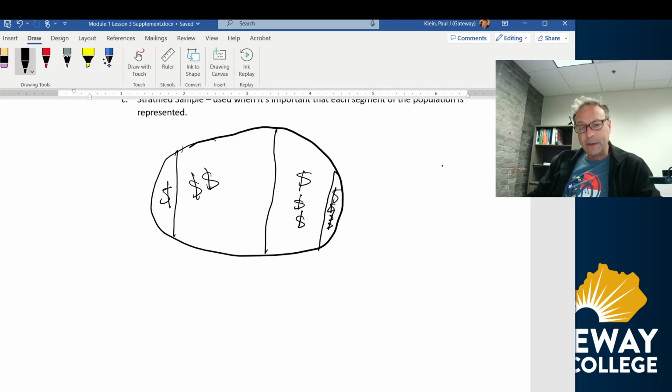So think about this population. Let me get that eraser back up here. This population here is divided up by the researcher into these segments. If you looked at everyone in the entire population, they wouldn't have these imaginary lines. People are just individuals, right?